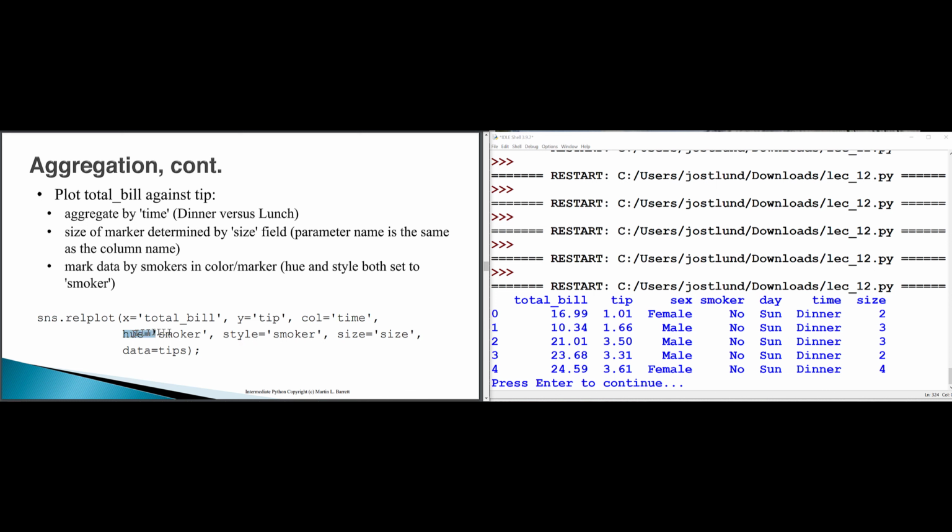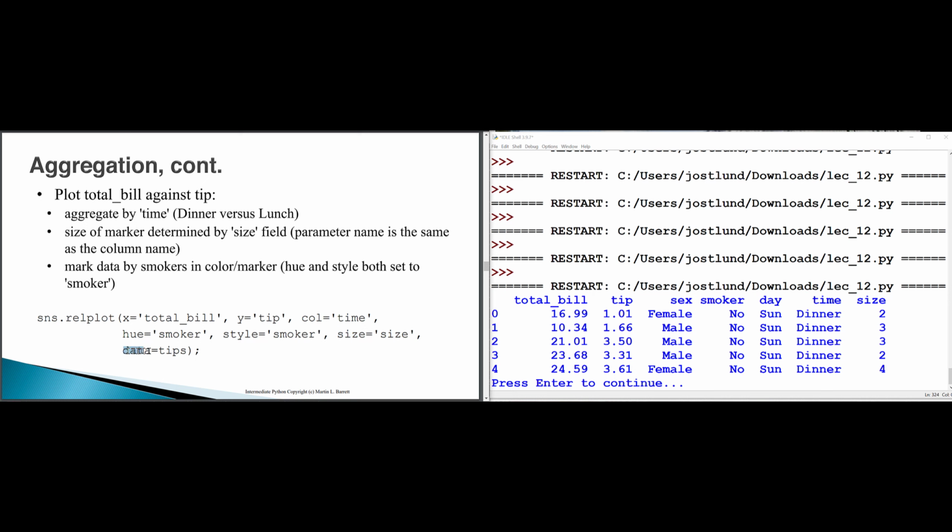The color and style of the individual data marks are going to be determined by whether the person is or is not a smoker. And the size of the data mark on the plot is going to be determined by the size of the party. Okay, and you'll see on the plot what that means.